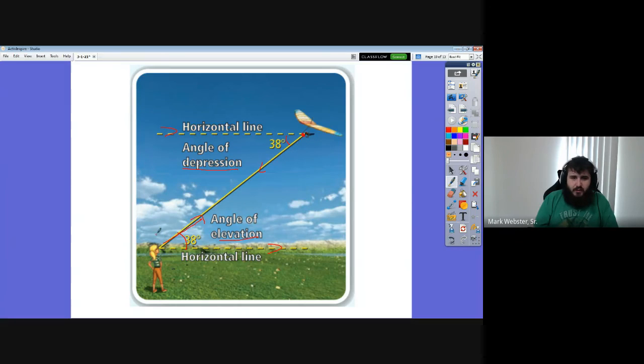These lines, the horizontal lines here, are parallel. So this angle and this angle, alternate interior angles, are congruent. So they may give you the one up here, but you need the one down here. That's up to you to notice. But if you know that this is 38, you know this is 38. If you know this is 52, this is 52.